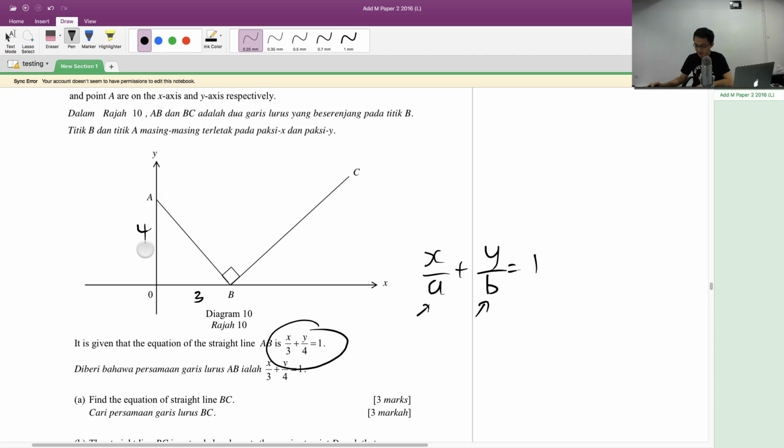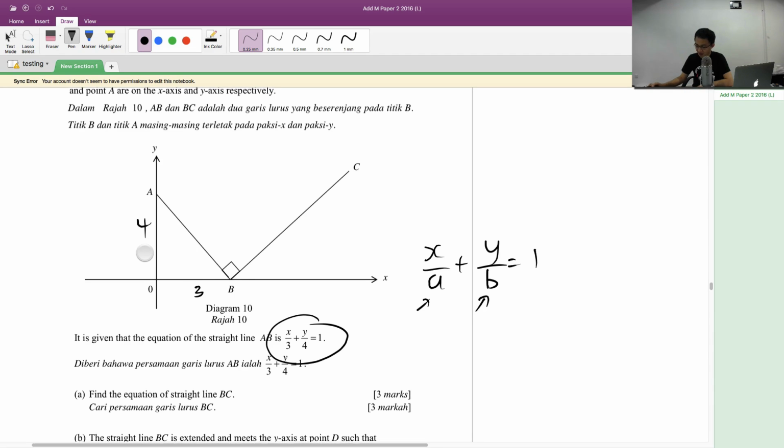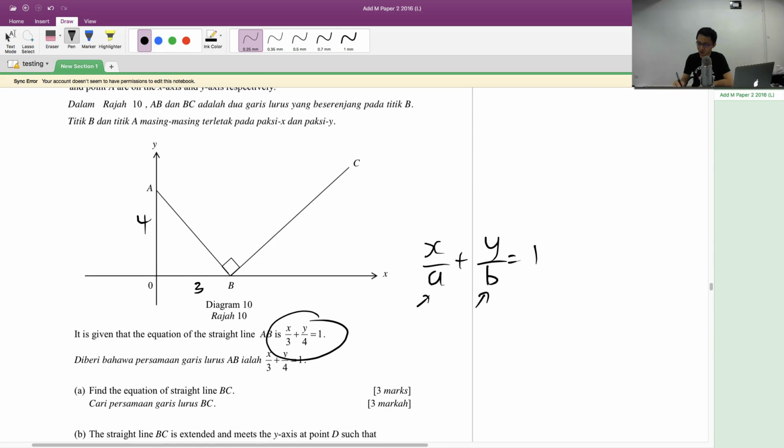Alright, this is some information we have. And then the question asks you to find the equation of the straight line BC. So since you know this is 3 and 4, which is intercept, you can get the gradient of AB easily by using the intercept. One of the gradient formulas using intercept is negative y-intercept over x-intercept. So the gradient is just negative 4 over 3.